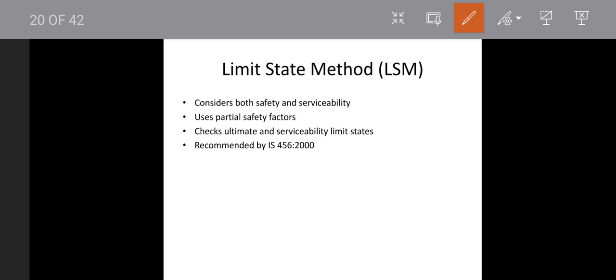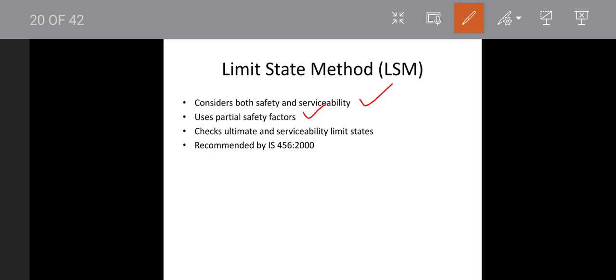The next one is the limit state method. This limit state method is the combination of both the working stress method and the ultimate load method. Here it considers both the serviceability and the safety of the structure. The working stress method considers serviceability and the ultimate load method considers safety, but the limit state method considers both safety and serviceability, and here we use the partial safety factor.